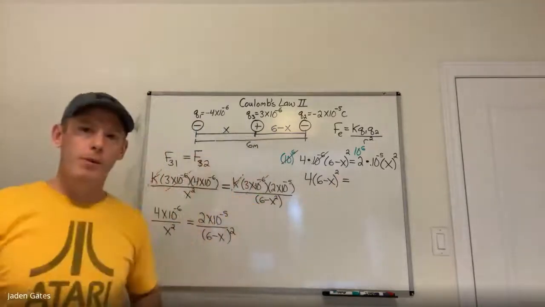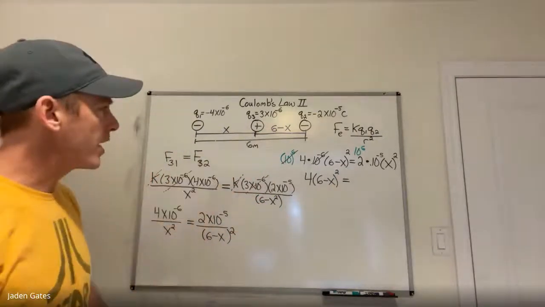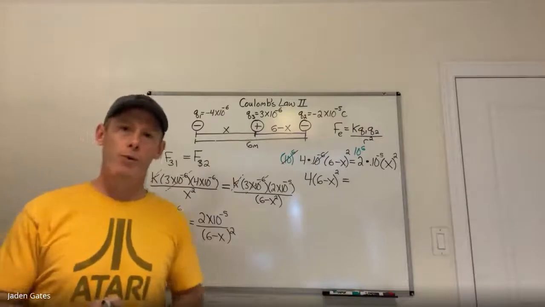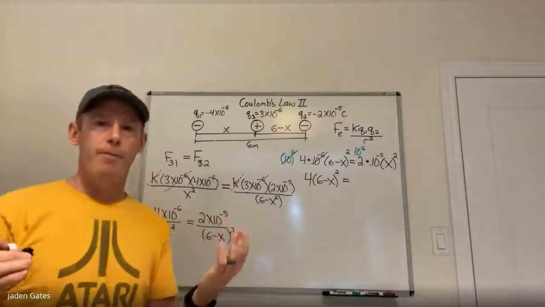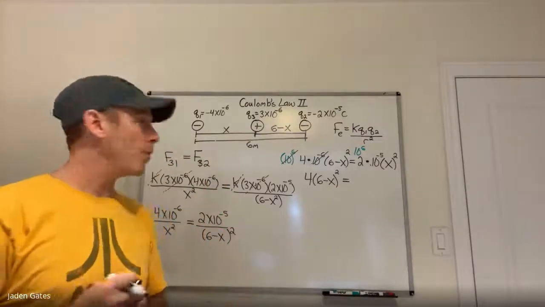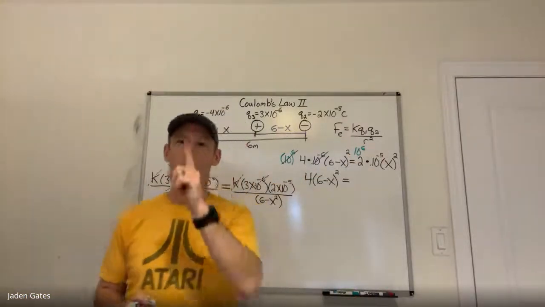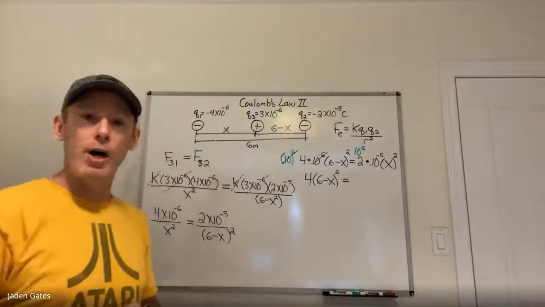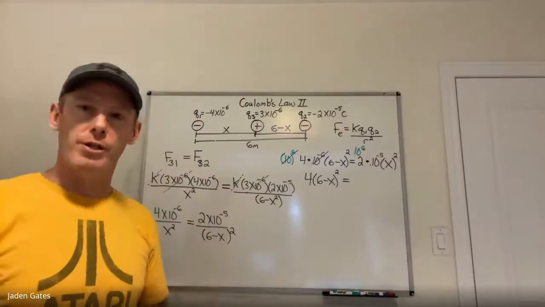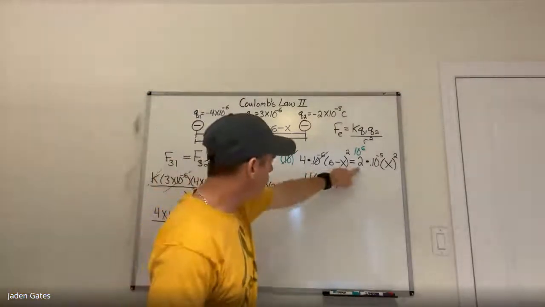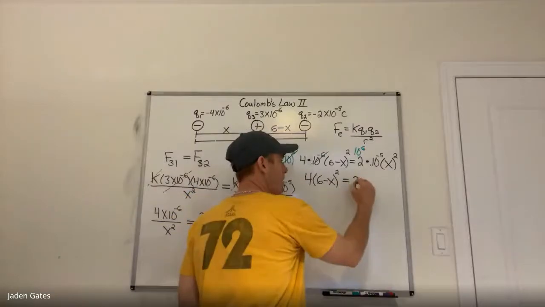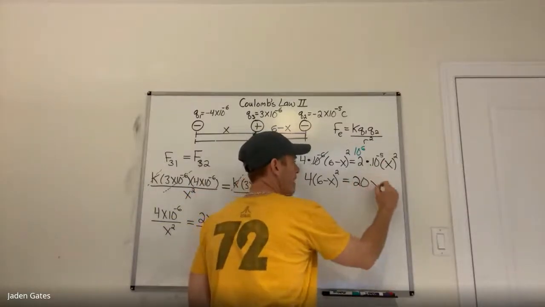But the other side's a little bit different because I have 10 to the power of negative 5, but again, using my power rules. The bases are the same, keep the base the same, add the exponents. Well, a 6 plus a negative 5 is just a 1. So it would be 10 to the power of 1, which is simply just 10. So I have this 2 here. 2 times 10 is 20. And then I have my x squared.